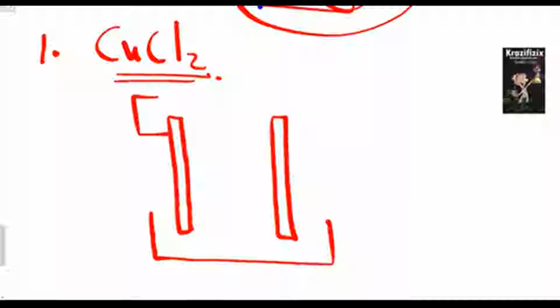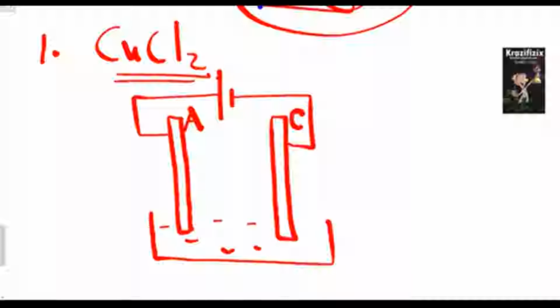Remember, this is the anode, and this is the cathode. And we have our CuCl2. When this breaks up, we have our Cu2 plus and our Cl minus.